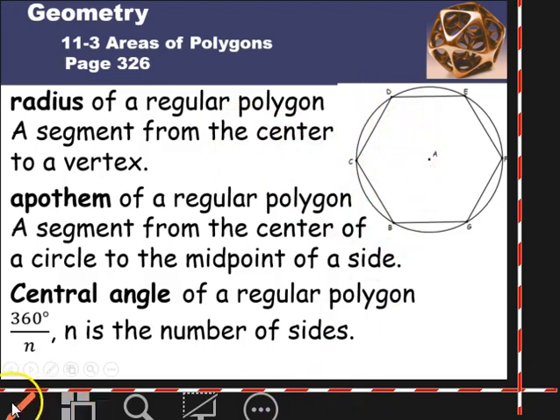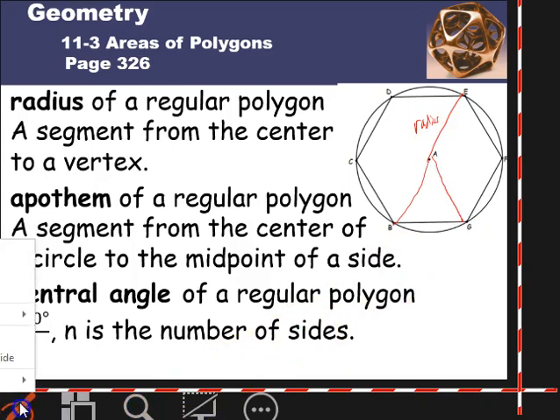So this right here is a radius, from here to here. And an apothem is, if I draw these two radii in, I make a triangle, and the height of the triangle, so this right here, this point has to be the midpoint of the side. That segment is the apothem.